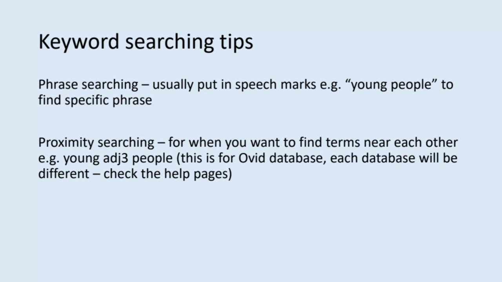Yes, exactly. Thank you, Sally. Sally's put in the chat that this would be useful for finding papers where the author has said young British people, not just young people. Again, this is useful particularly where maybe you are not finding very much and you want to make it a bit more of an open search, but not so open that you're getting loads of irrelevant results.